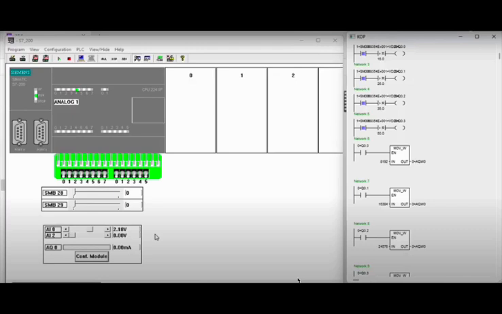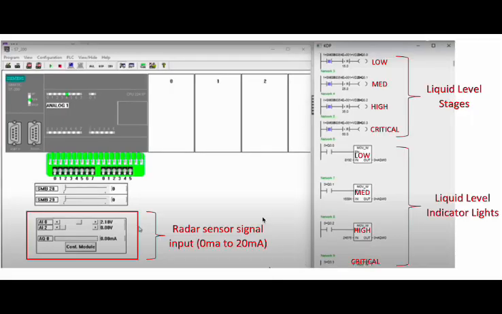To start off, I will show you the key components or key parts of this interface. See here, on this part, this will be the radar sensor signal input. It will be from 0 milliampere to 20 milliampere.